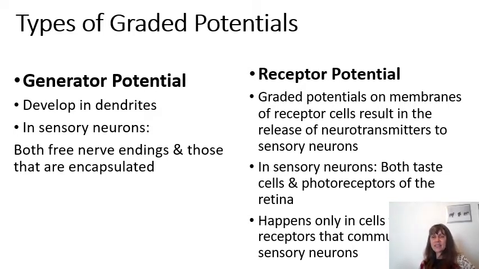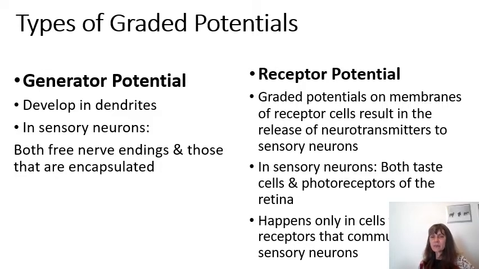This is seen in Merkel cells or tactile cells that are found in the stratum basale. When those cells are stimulated, they will experience graded potentials on their membranes, resulting in the release of neurotransmitters that will communicate with sensory neurons.